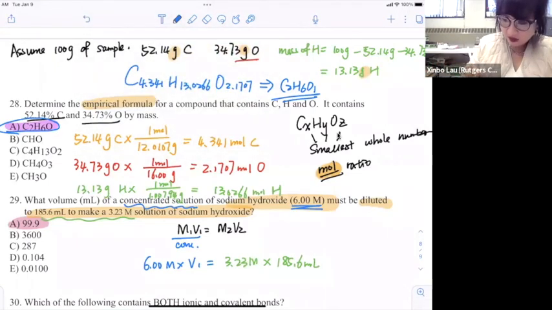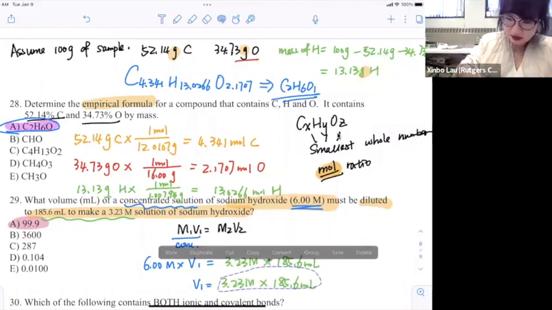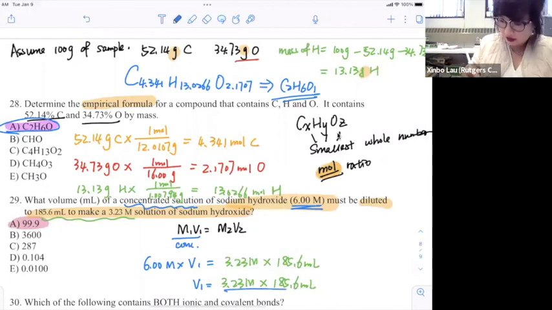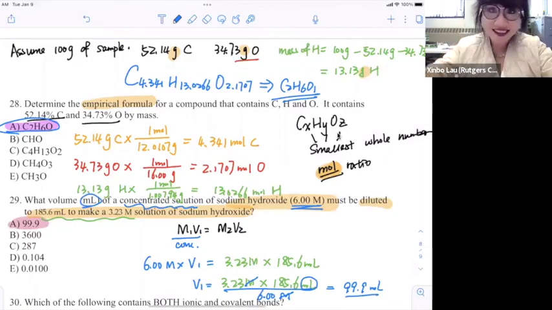V1 will simply equal that number, which I'm going to copy, divided by this 6. Just pay attention to the unit: the molarity all cancels out, and we just have ml, which is the unit the question is asking for. So that's perfect. Now you get the answer, which is 99.9 ml. So that's this question.